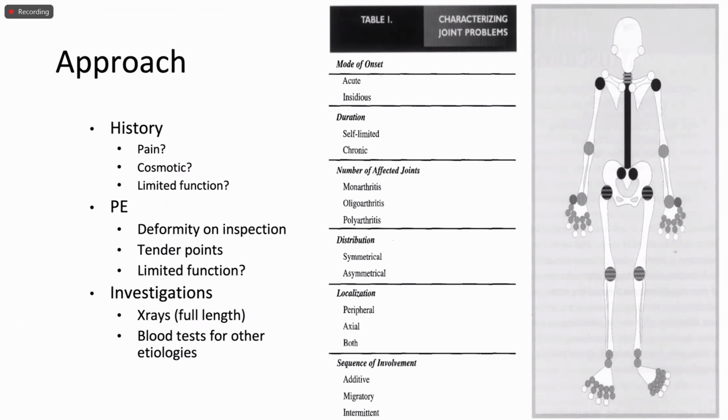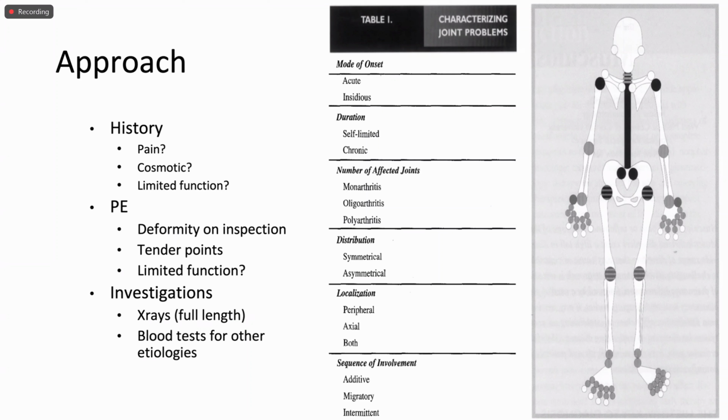Okay, and then usually the approach in general, we do the history. You ask about pain. Is it a cosmetic problem? This is something you sometimes see in scoliosis, for example, people with back pain, and then you ask, well, okay, does it cause pain? We don't ask about cosmetic all the time, but the main thing is pain and limited function, and then the mode of onset for the pain usually, like acute, insidious, and then self-limited, chronic, and any joint affected.